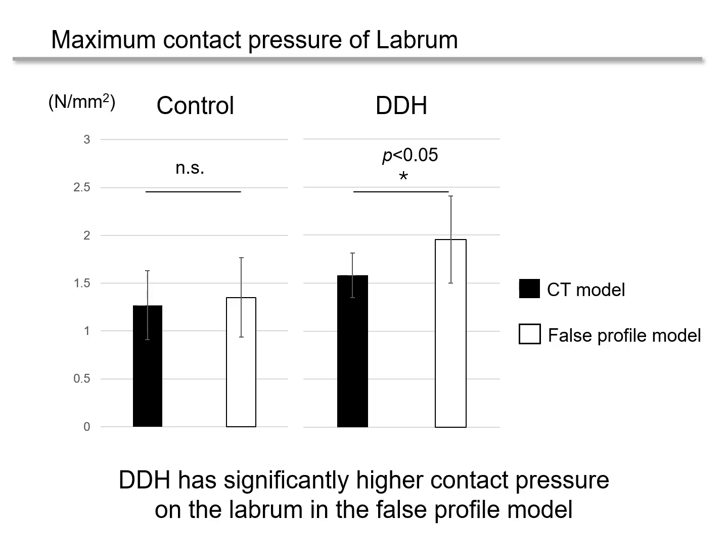On the other hand, DDH showed a clearly greater change from 1.5 plus or minus 0.2 to 1.8 plus or minus 0.4. Therefore, it was clear that the maximum contact pressure on the labrum for DDH was significantly higher in the 3D false profile model.